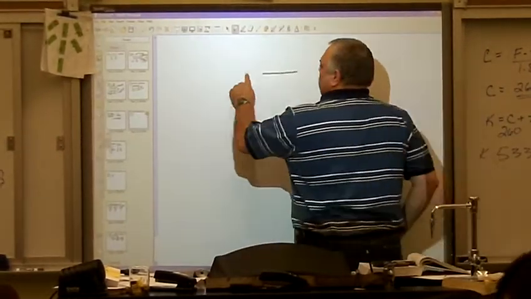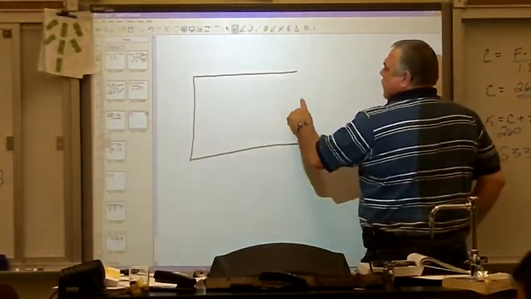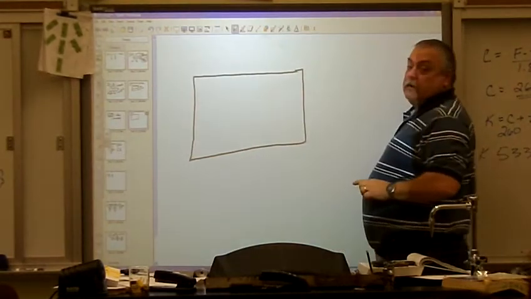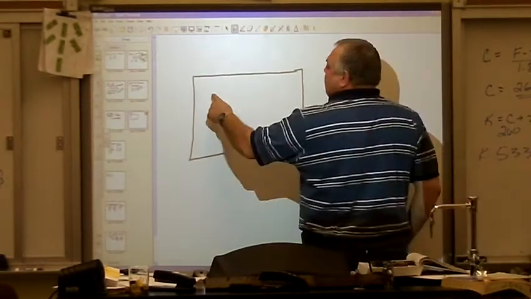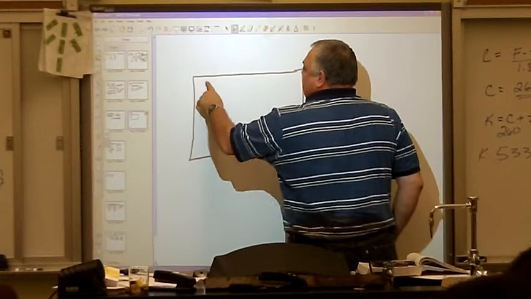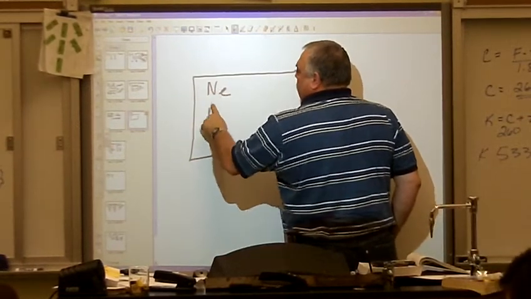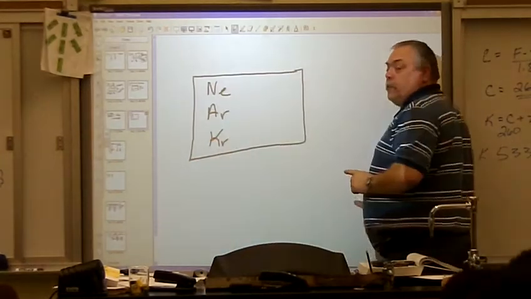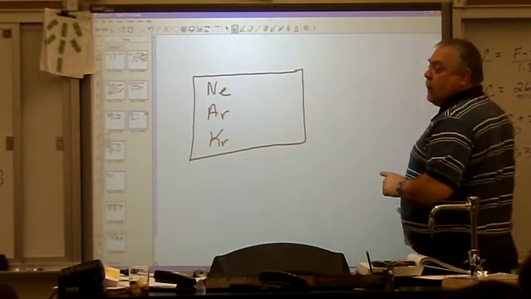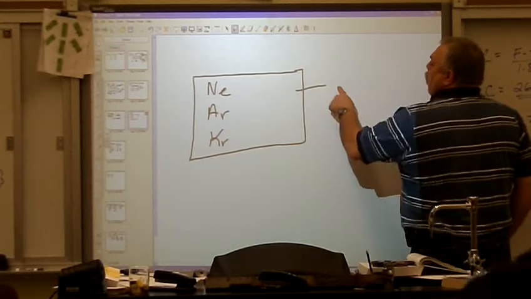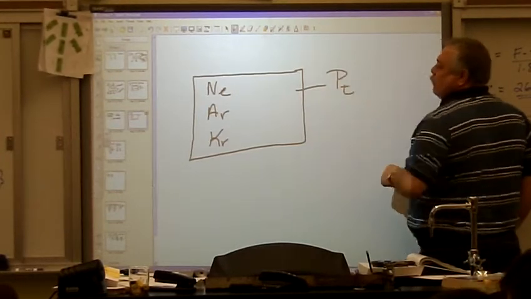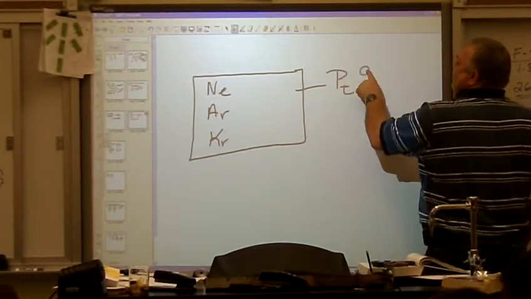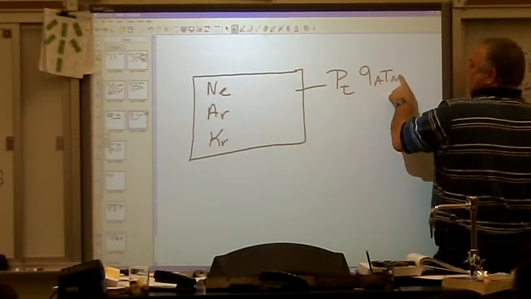What if I told you I got another container here? I got lots of containers. Inside this container here is going to be neon gas, argon gas, and krypton gas. Here's what I know. The total pressure of these 3 gases comes out to be 9 atmospheres.